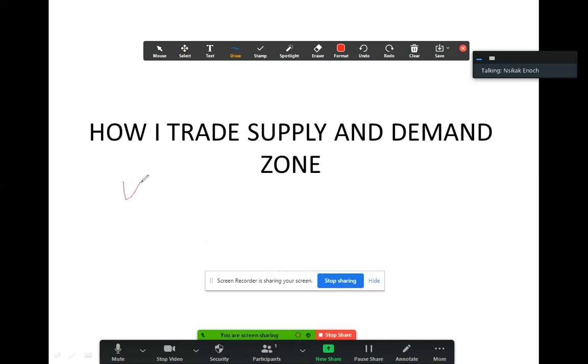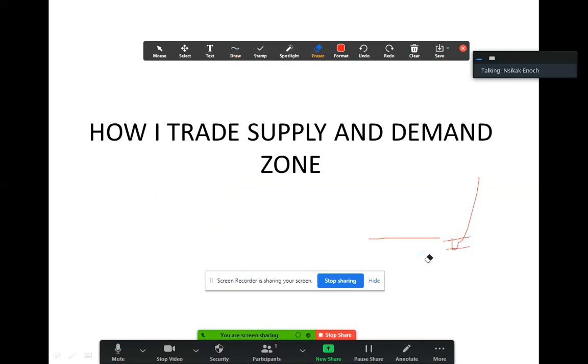The one with a base supply and the one with a single candle supply. The one with a base supply, something like this, and the one with a single candle supply, something like this. Same thing, the one with a base demand and a single candle demand, something like this. So these are the two types of supply and demand zone that we have. I'm going to show you how to identify these two types.